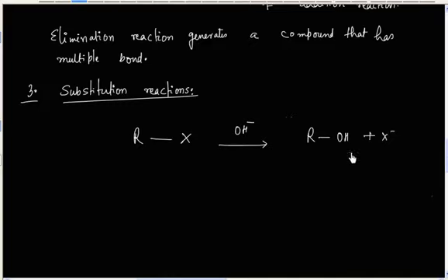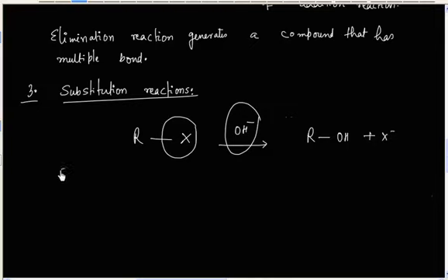So this is an example of substitution reaction. Generally substitution reaction is given by alkyl halides or acid derivatives. In some cases this is also given by deactivated benzene rings.